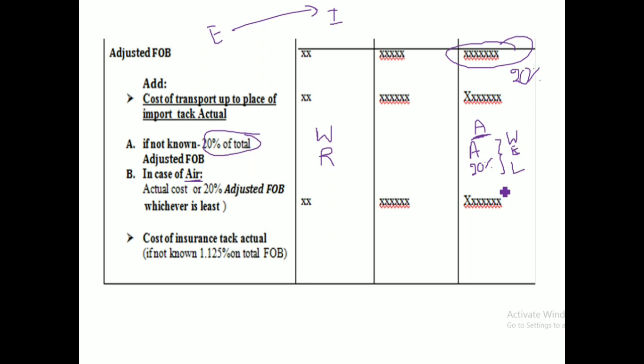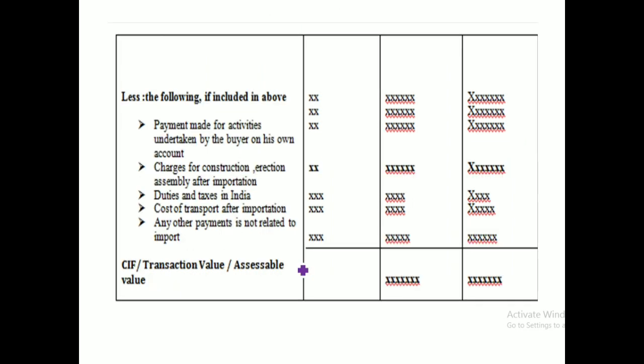Okay. If actual insurance cost is given, that we can add. If it is not known, here you can see 1.125% of the adjusted FOB we just need to consider for adding the insurance. Okay, then we'll arrive at this.